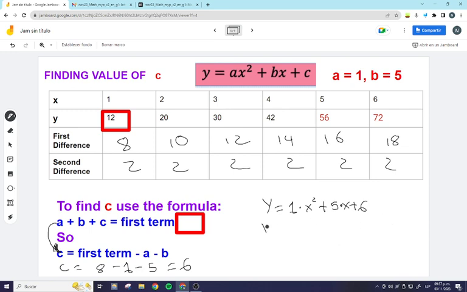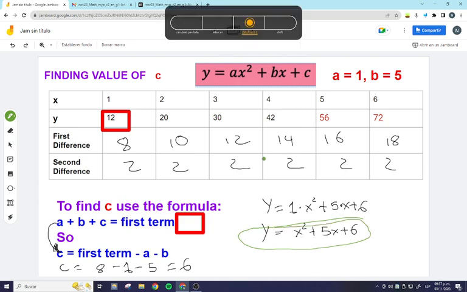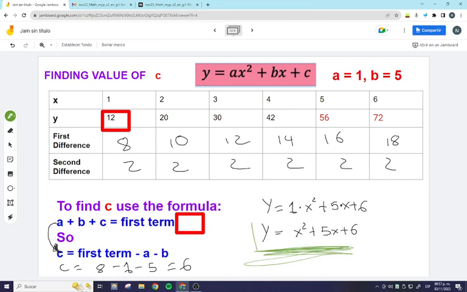Let's write it in the simpler form, because if you multiply by 1, it's just the number, so you don't need to write this 1. So it's just x squared plus 5x plus 6. This is our general rule for this pattern, the one in the green box. That's the general rule. Remember, always write it in the simpler form.